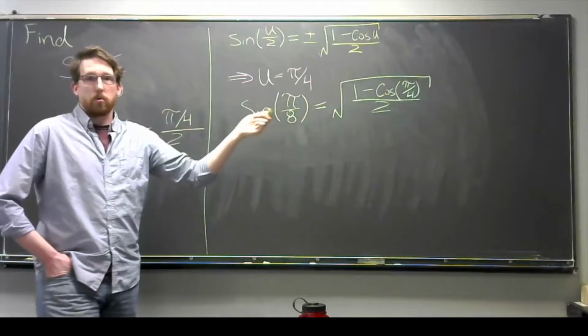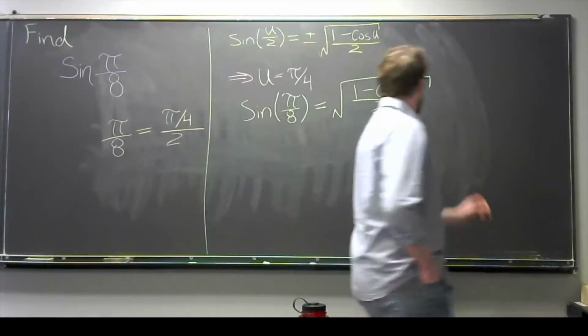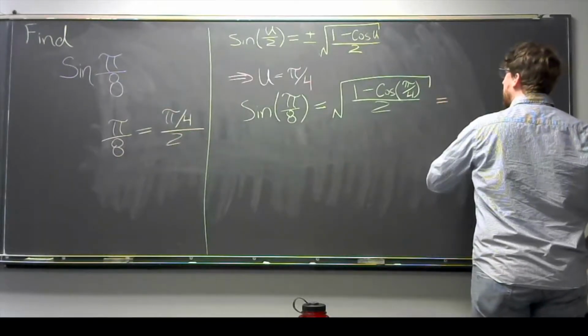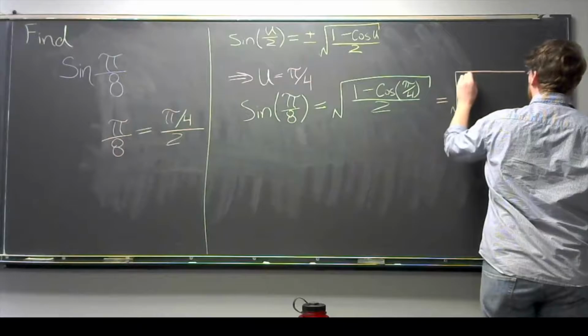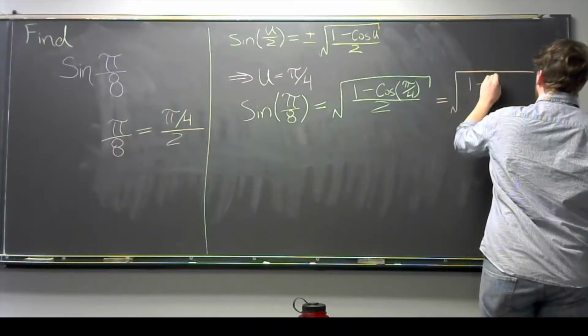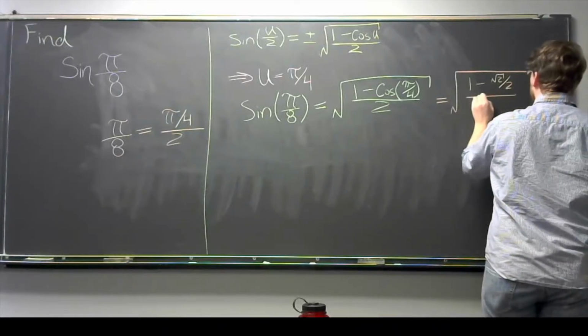It's the square root of 2 over 2. All right, cool, let's write that down. This then is equal to 1 minus the square root of 2 over 2 divided by 2.